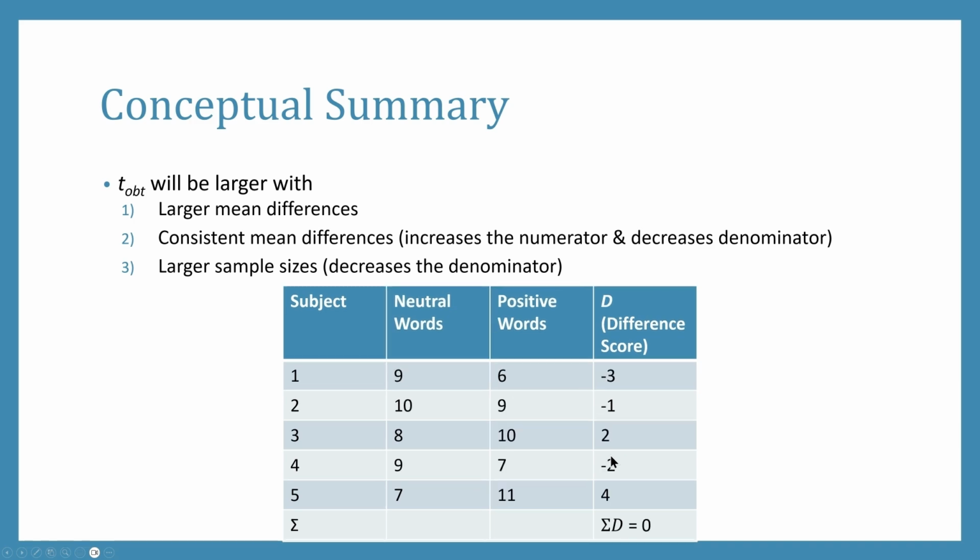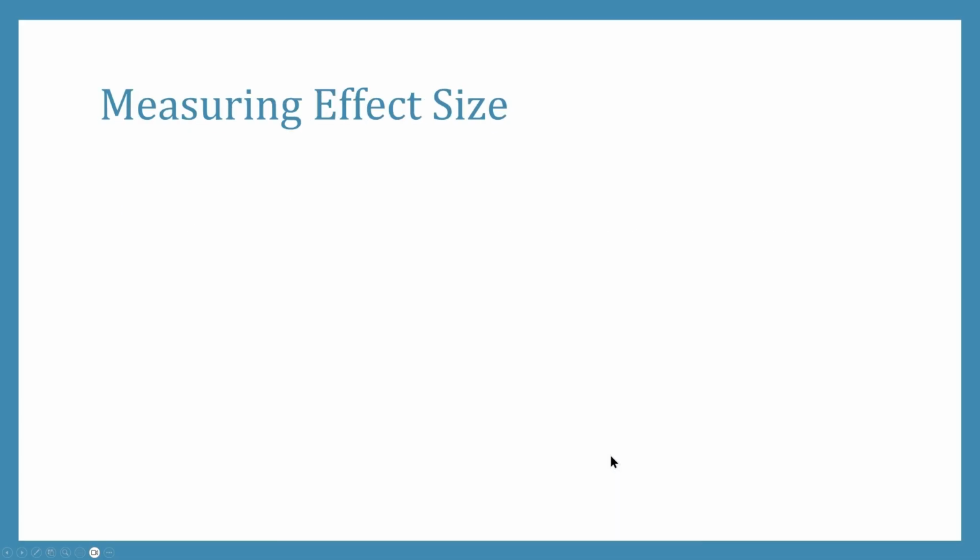And then the final thing, as always, we tend to see that larger sample sizes will lead to a larger t-value because it's going to decrease that denominator. There's always or almost always less error when you have a larger sample size because it's more representative of that actual population.